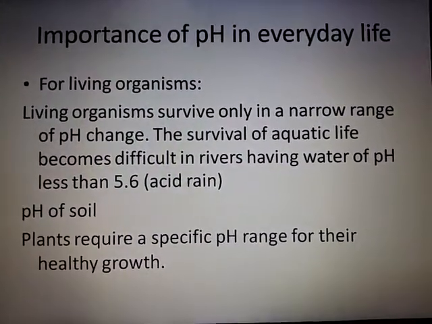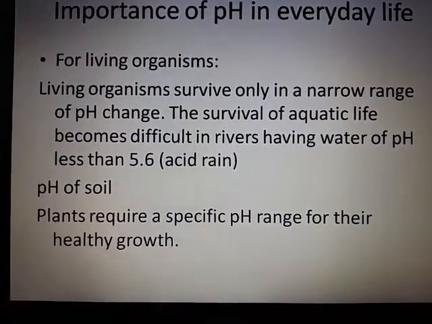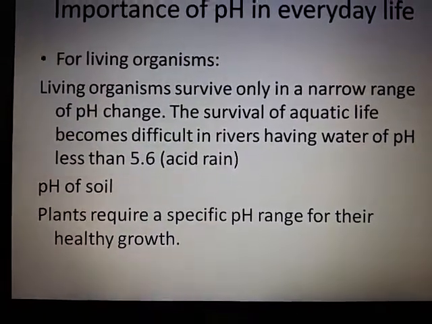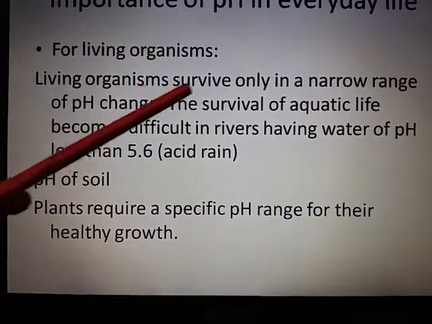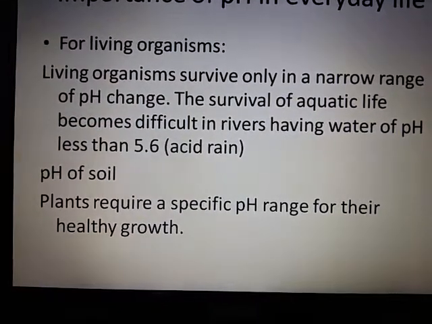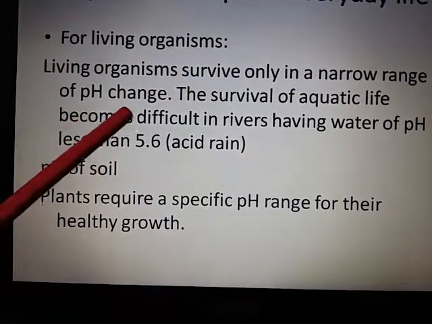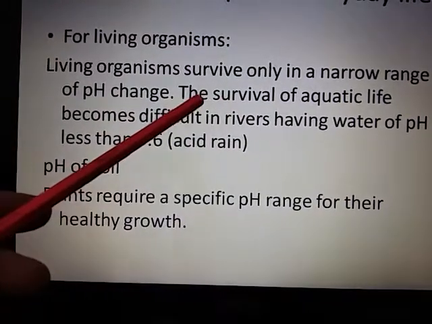Next, importance of pH in everyday life. pH is very important for living organisms. Living organisms survive only in a narrow range of pH change, and it should always be maintained for their better survival.